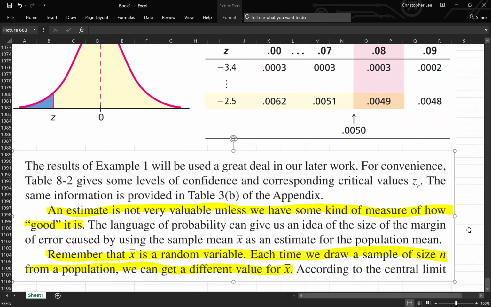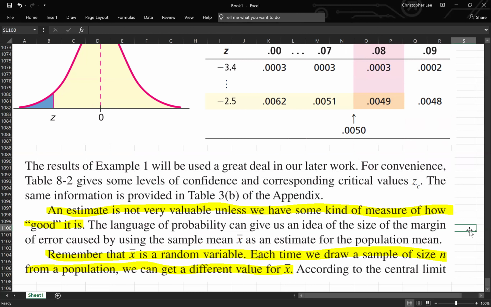All right, so look, the results in example one will be used a great deal in our later work, right? So for convenience, there's another table, A2, which gives you some levels of confidence and critical values for Z critical. The same information is provided in another table of the appendix. An estimate is not very valuable unless we have some kind of measure of how good it is, right?